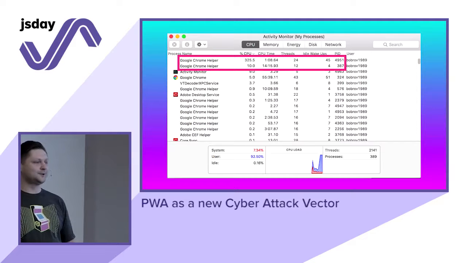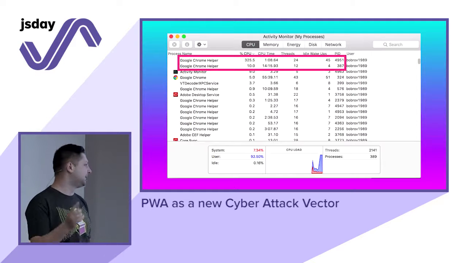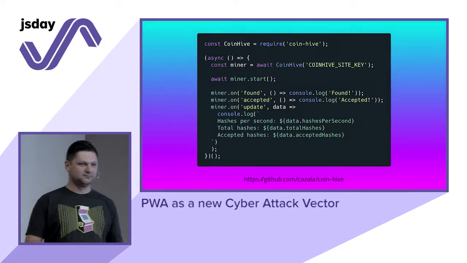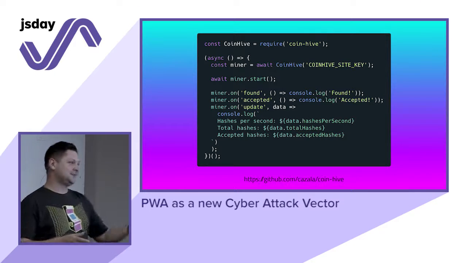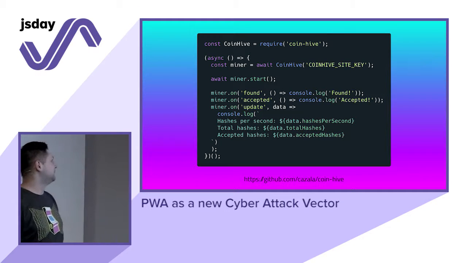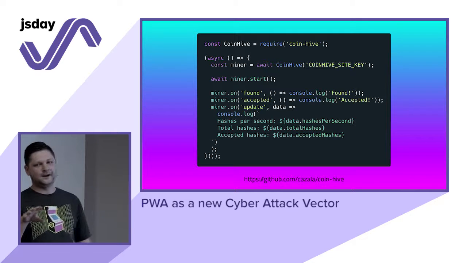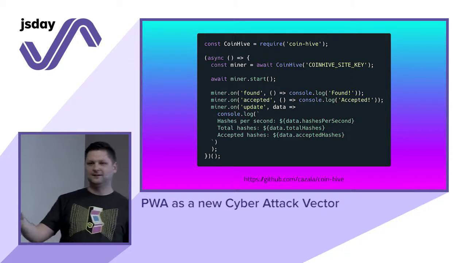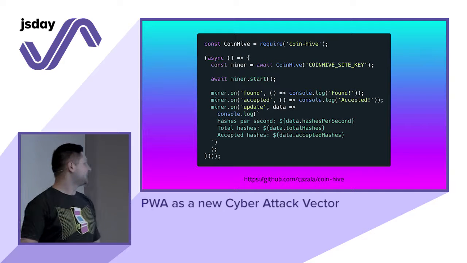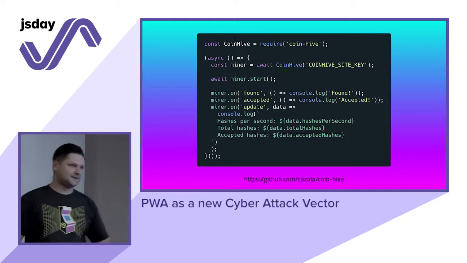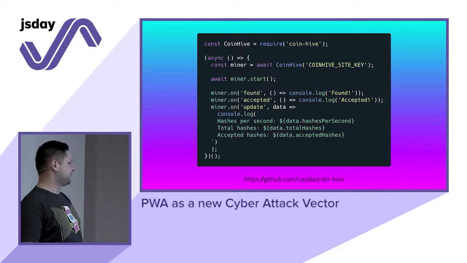It's actually using 3 cores of my CPU to mine some cryptocurrency. And the usage of this library is just a few lines of code. You import the script, create an instance of your miner, provide your website key, and just start your miner. You can log some states of this miner and so on.